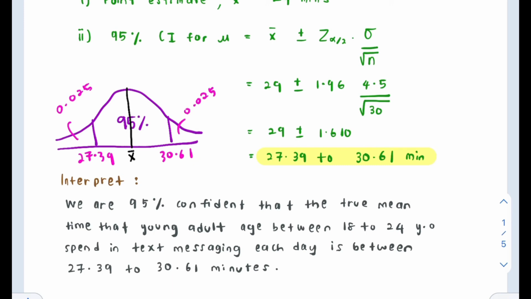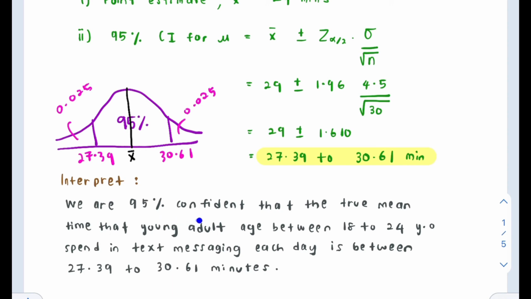You make a prediction that the whole population of young adults aged between 18 to 24 years old spend time in text messaging between these two times, 27.39 minutes up until 30.61 minutes. So how to write it in a proper sentence?